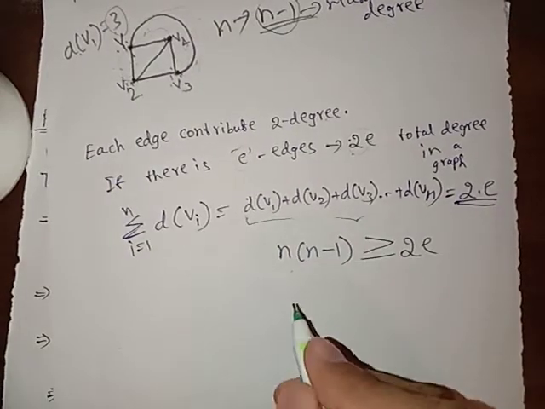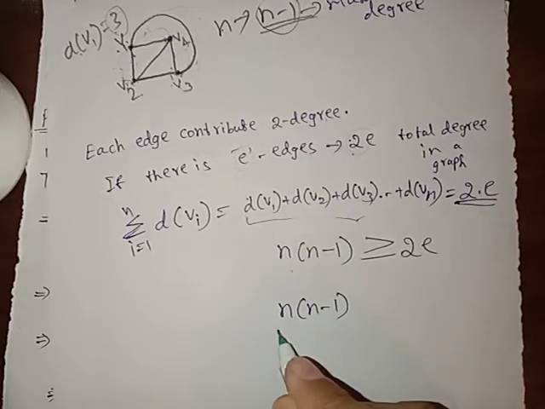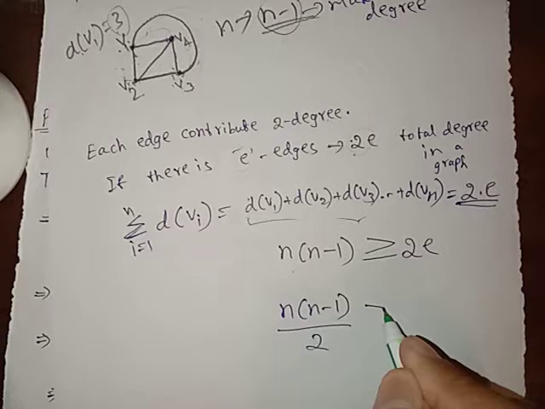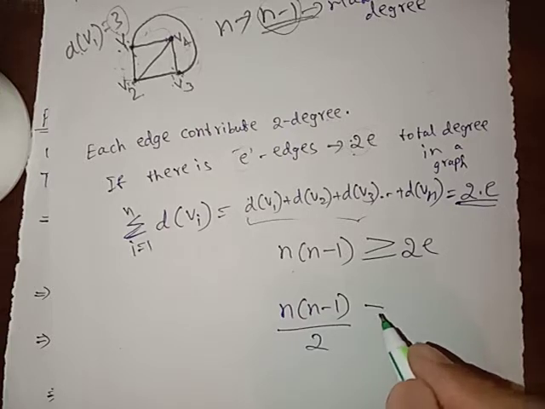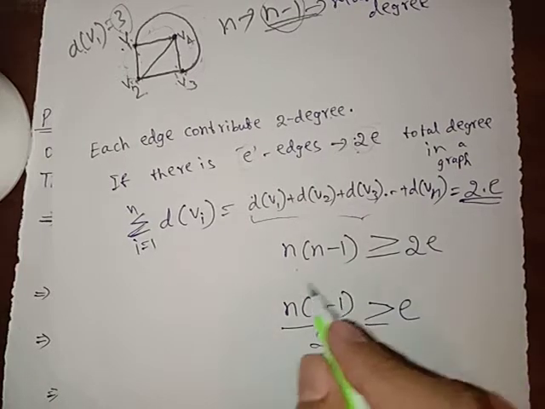So the number of edges, n into n minus 1 divided by 2, is less than or equal to this one.